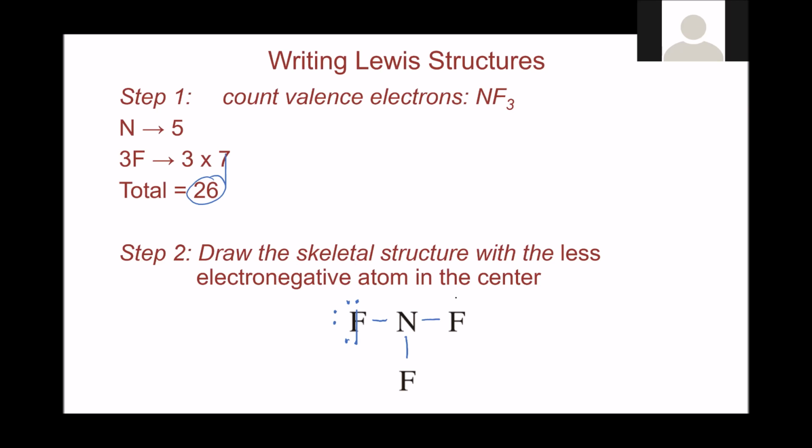Repeat the same thing. You will put 6 on this one and 6 on this one. Already used 18. That leaves you with 2 electrons, and that's exactly what you need to fulfill the octet rule for the nitrogen in the middle.